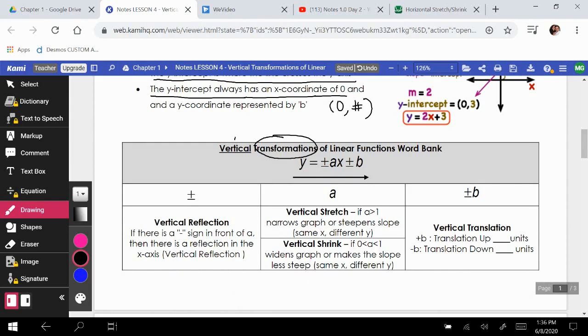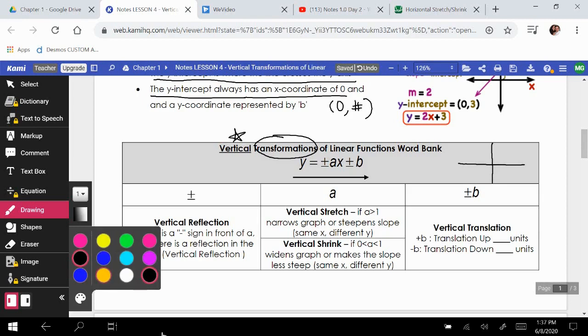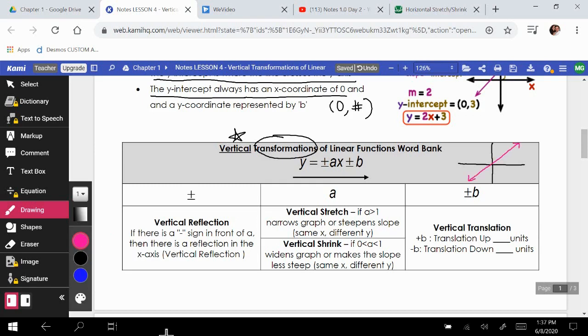We're going to focus specifically on vertical transformations today. So there's some different linear functions we can talk about, but the most basic linear function is the parent function. A parent function is just the most basic type of linear function. And in this case, the parent function looks something like this.